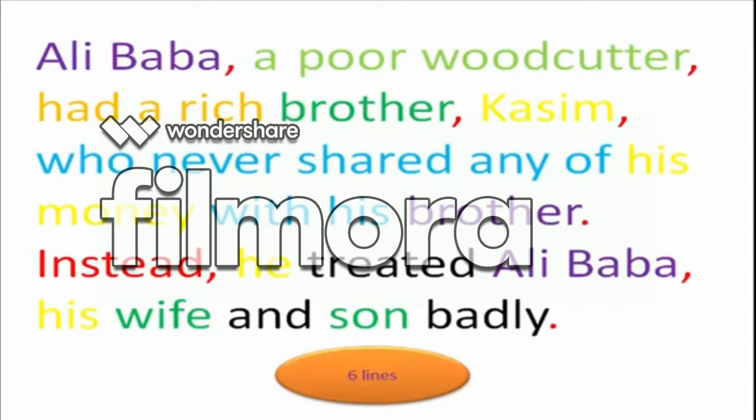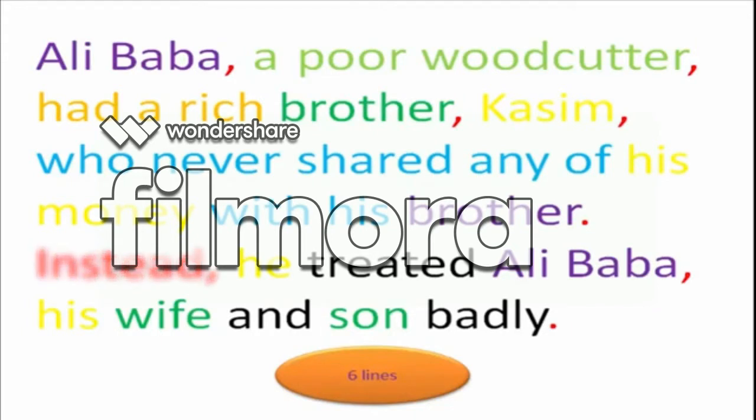He was mean كان بخيلا. نقطة. Instead وبدل ذلك he treated علي بابا, his wife and son badly. And we say he treated Ali Baba, his wife and son badly.